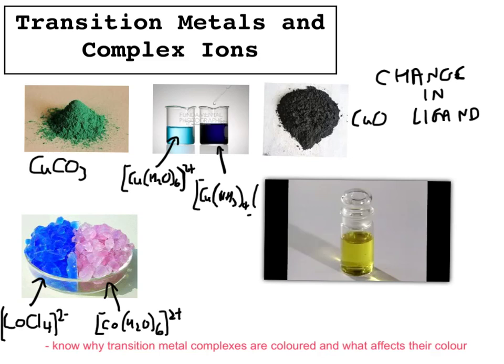Now in this case you could argue that I'm also showing you a change in ligand, but actually I'm also showing you a change in coordination number. So the other thing that can affect the colour is a change in coordination number. So here we've gone from 4 to 6 or 6 to 4, depending on which way around you're thinking about it.